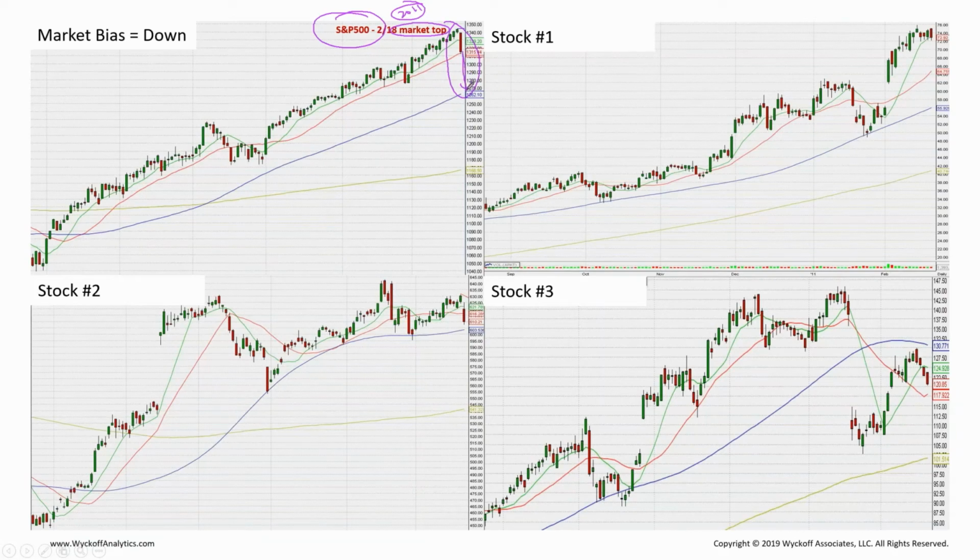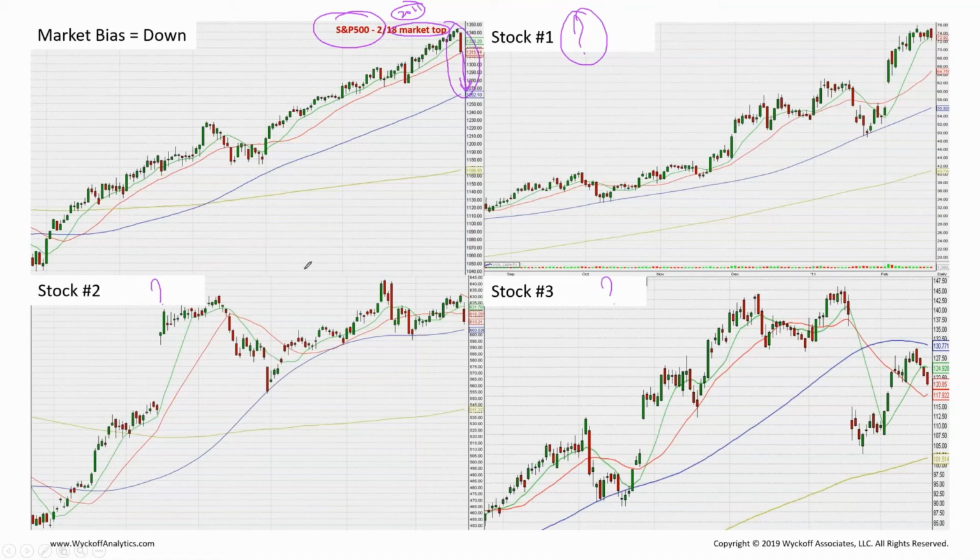So if the price is going to go down, the question is: is stock number 1 going to be the best stock to pick for a swing to the downside? Or is it going to be stock number 2? Or stock number 3? Or maybe all of them? You will have to show me.